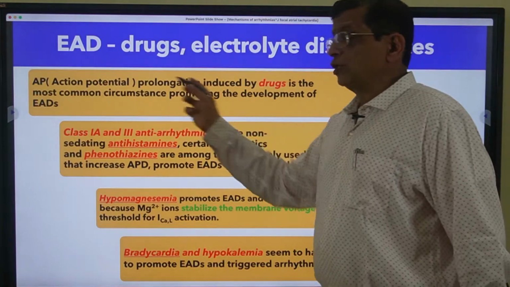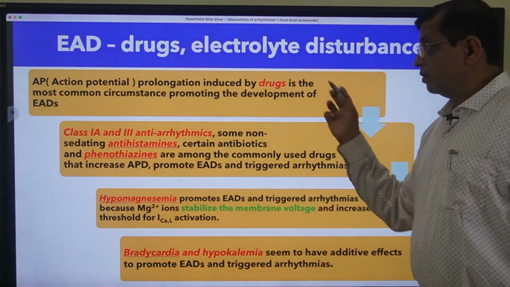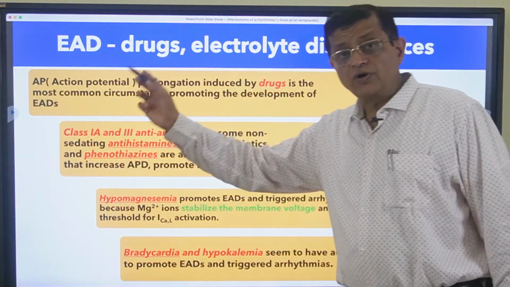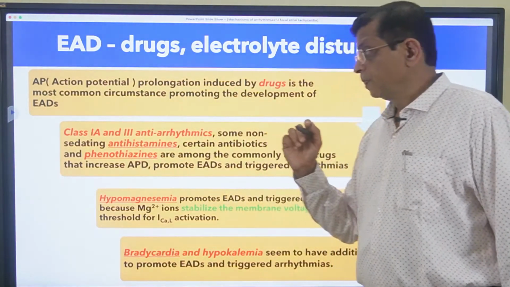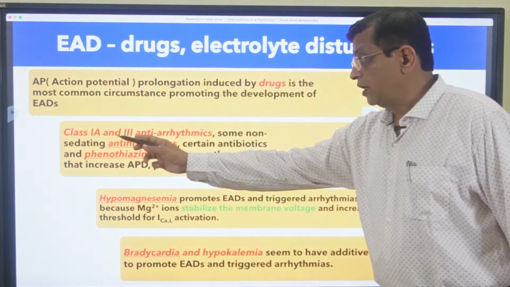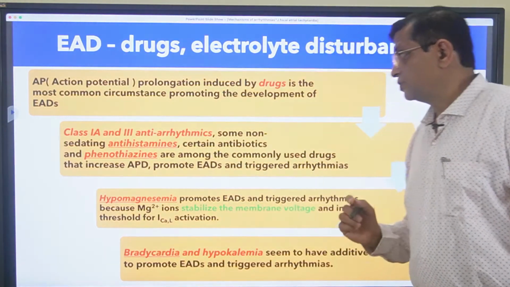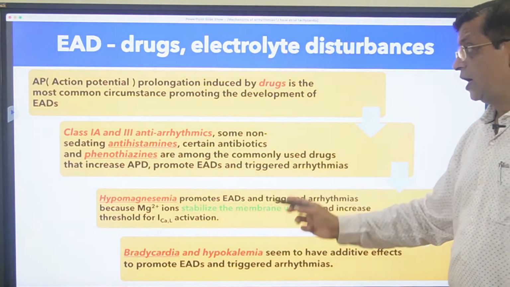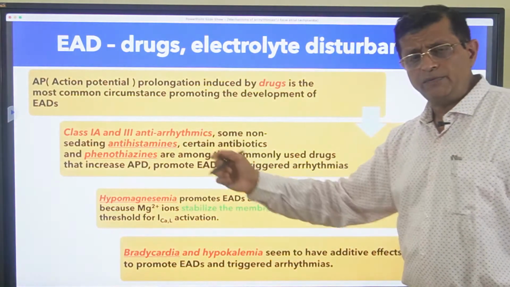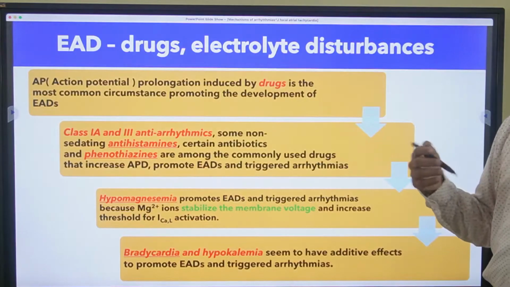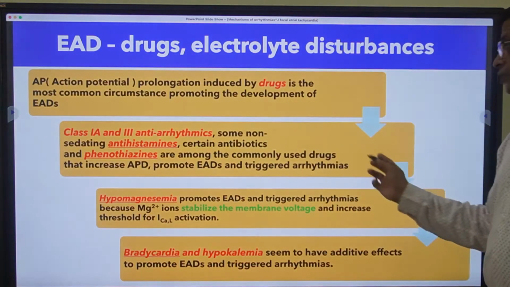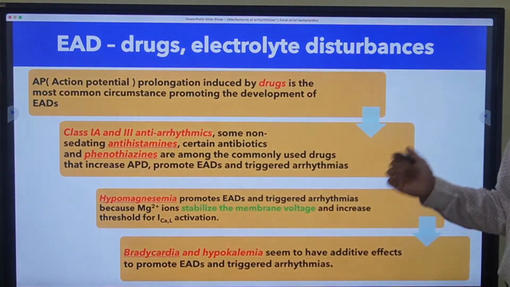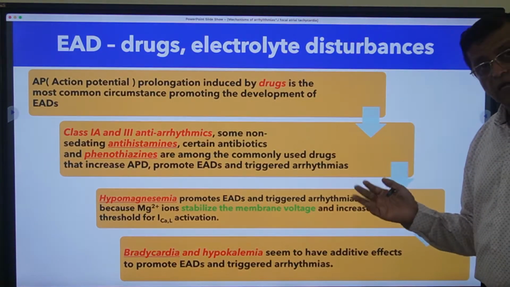Action potential prolongation induced by drugs is the most common circumstance promoting the development of early after depolarization. For example, class 1 or class 3 antiarrhythmics, some non-sedating antihistaminics, certain antibiotics and phenothiazines. These are the same drugs which cause prolonged QT interval, and are among the commonly used drugs that increase the action potential duration and promote early after depolarization and triggered arrhythmias.